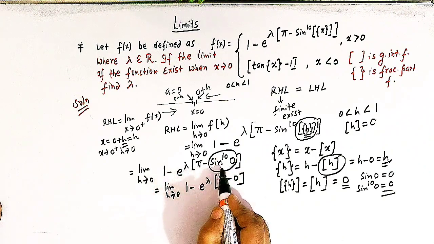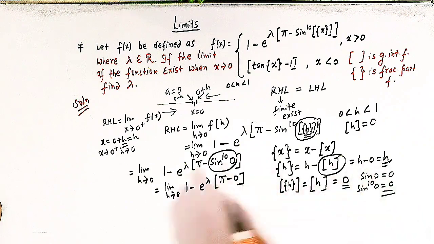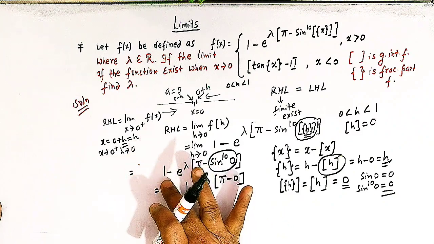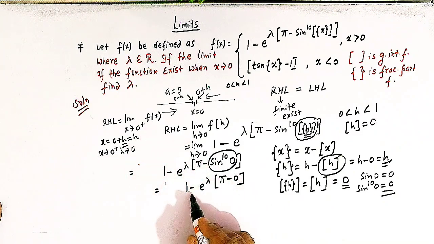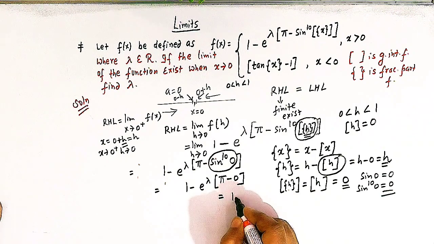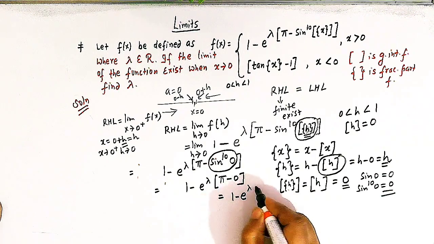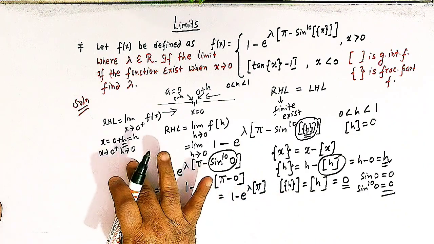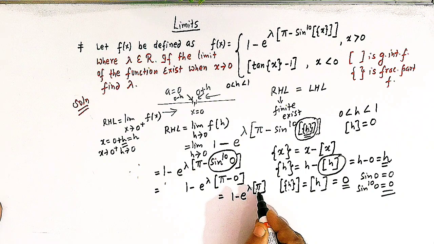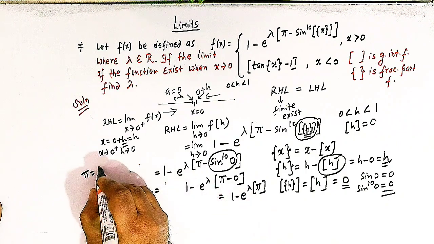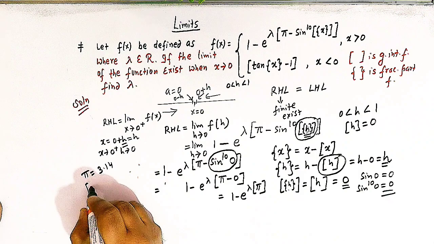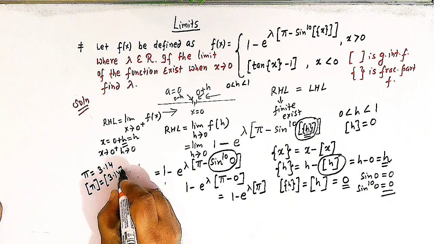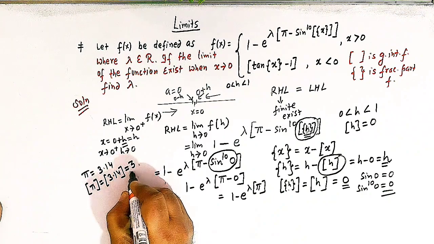Now see, this expression is independent of h, so we can remove this limit sign or the limit symbol. So now we have only this expression. So this is 1 minus e raised to lambda times greatest integer of pi, and we know that the approximate value of pi is 3.14. So the greatest integer of pi is greatest integer of 3.14, that is equal to 3.